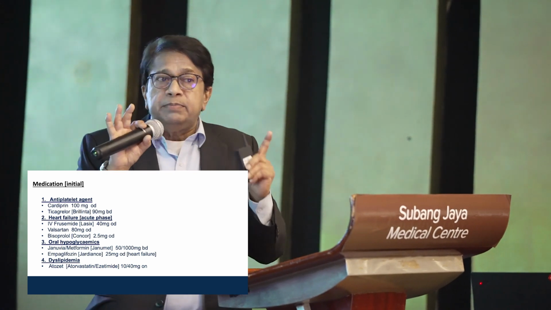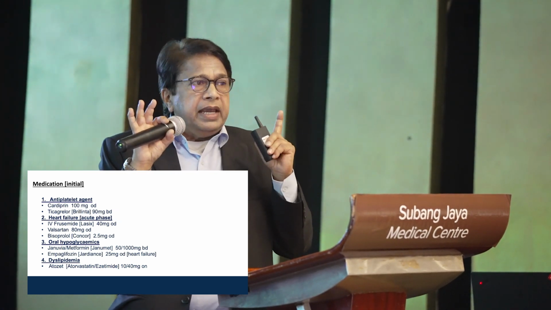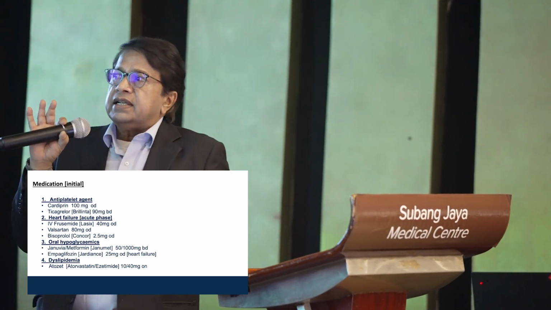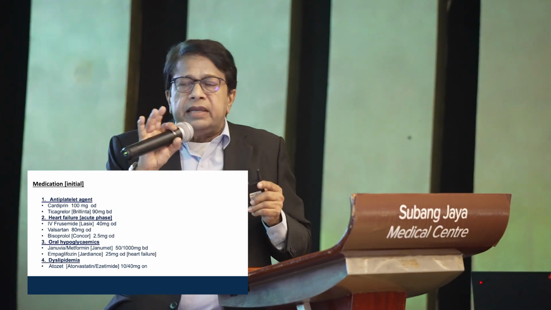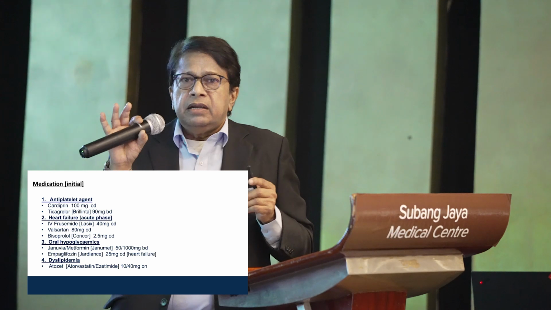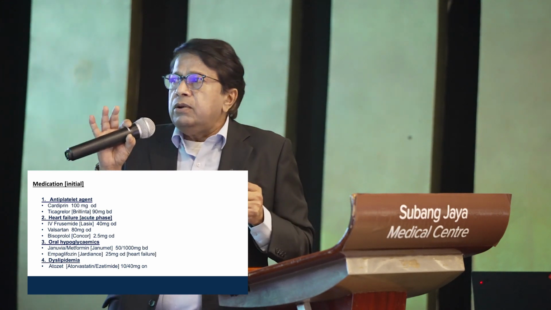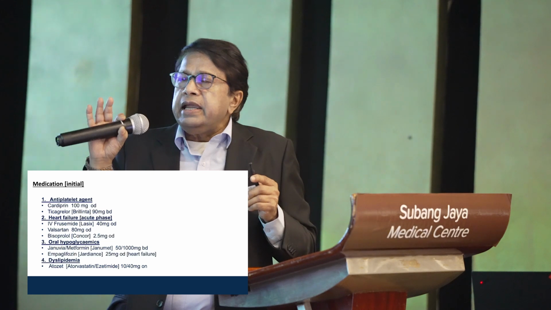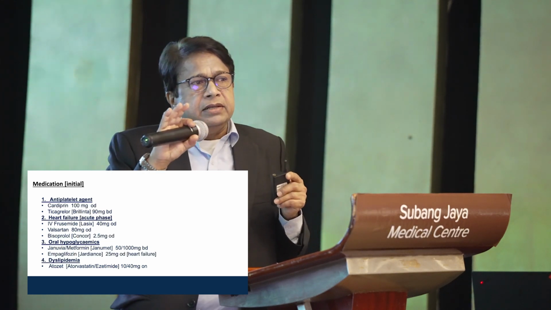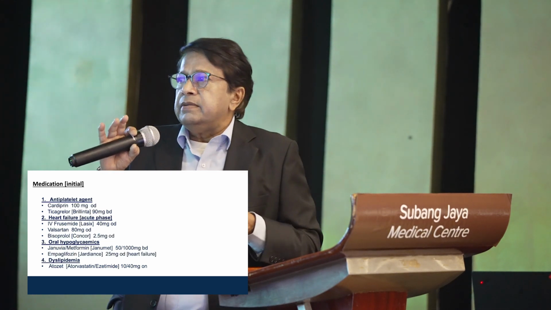You are lucky because his blood pressure is still good, 135/80. So you can start valsartan. His heart rate is about 90 when he first came in. So bisoprolol, but don't go overboard, okay? Start low, start slow, but incorporate all the modalities of heart failure treatment.